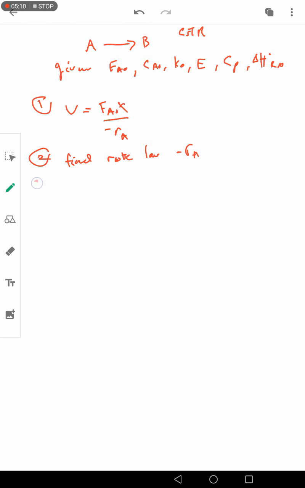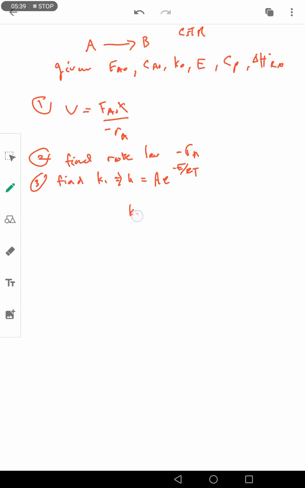Kemudian you need to find your K1. Because your K1 is equals to K, and how to find K1 is K is equals to, okay.